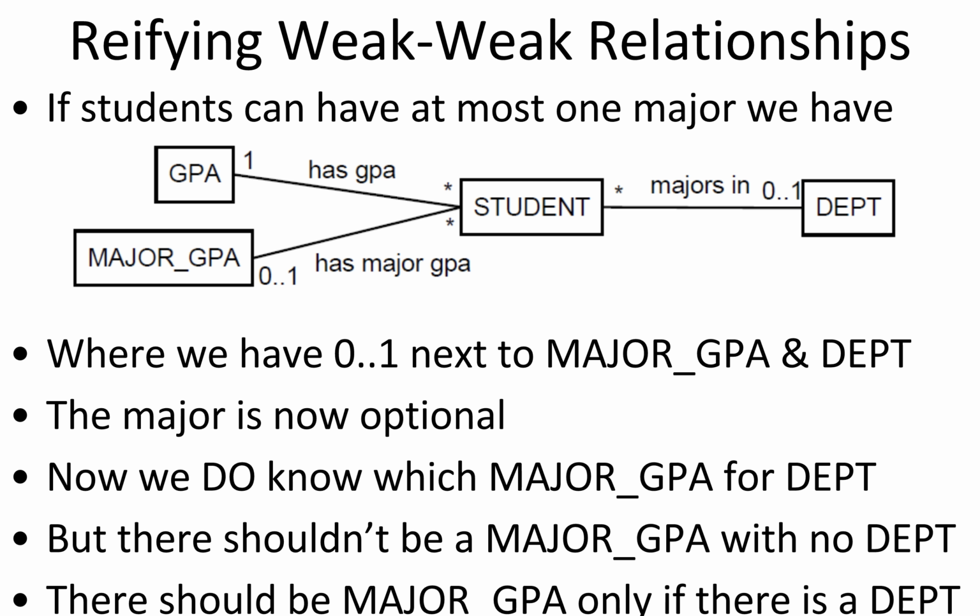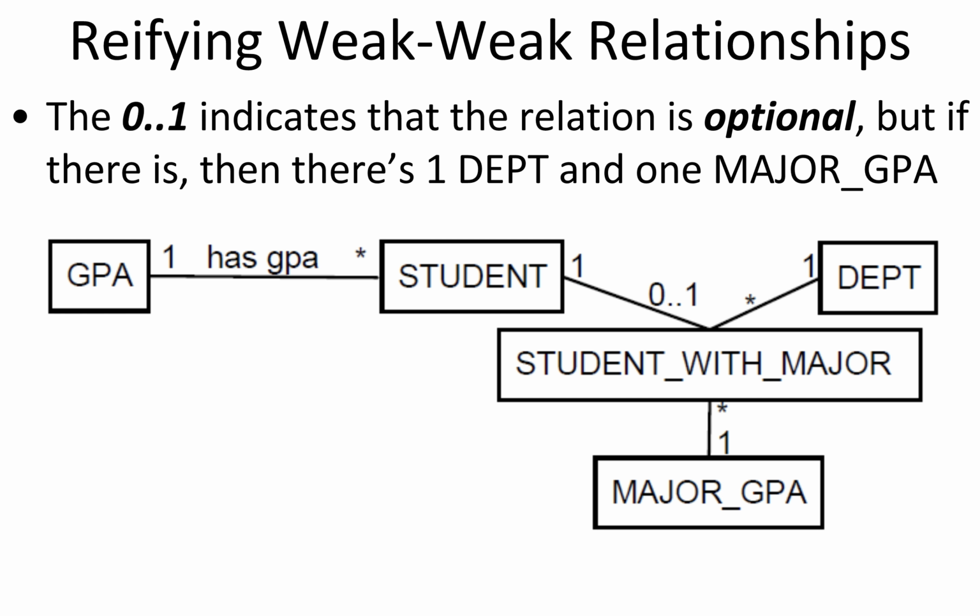So instead, because now that's optional, we could bring this over here and add additional data model that would enforce the fact that the whole thing should be optional. If you have a department, then you have a major GPA. If there is no department, then you shouldn't have a major GPA. You should all be behind an optionality.